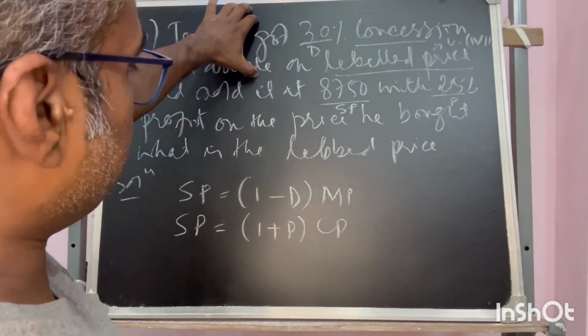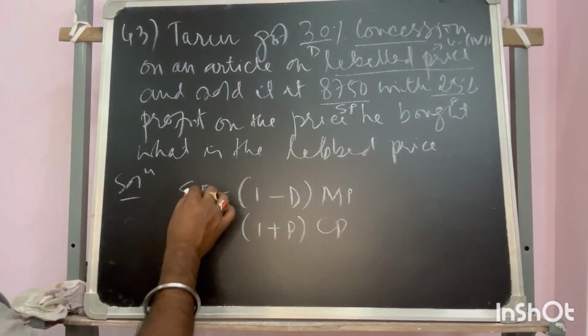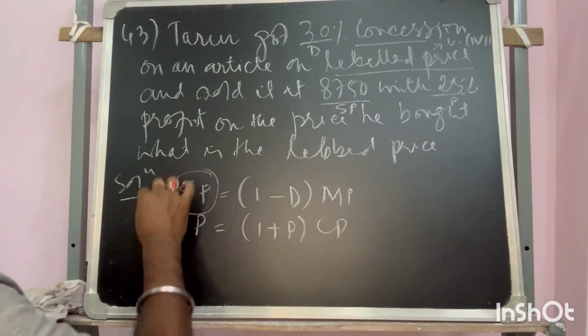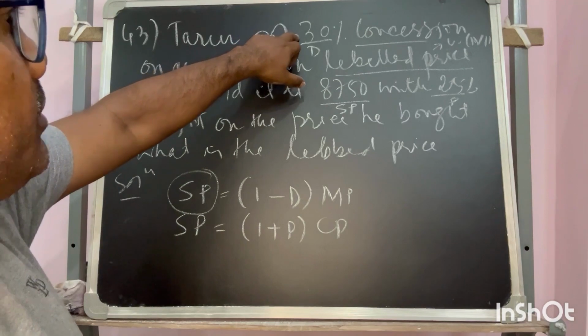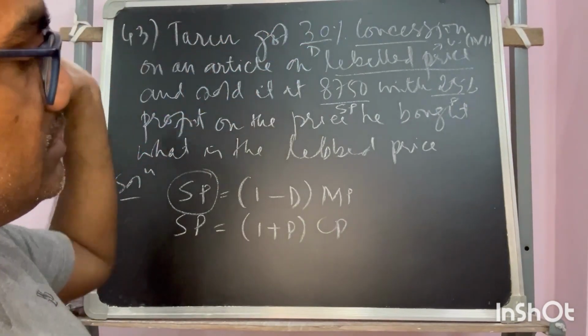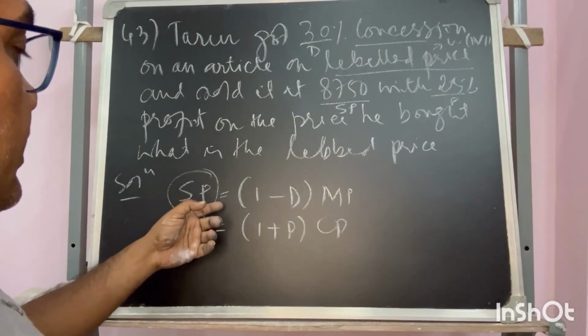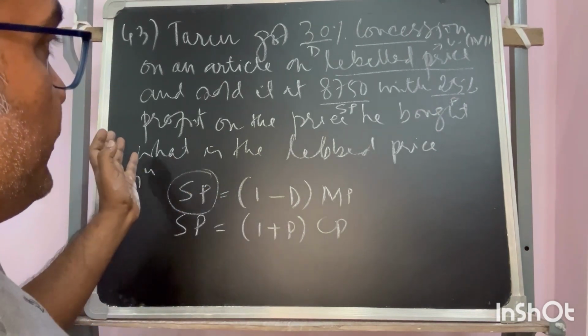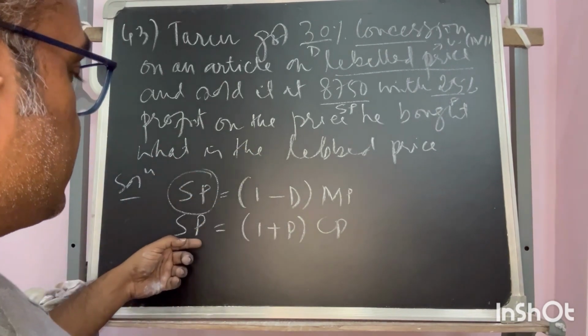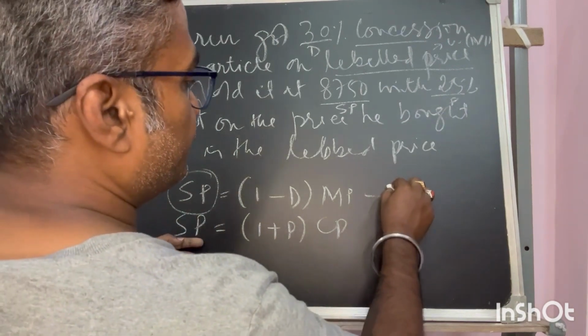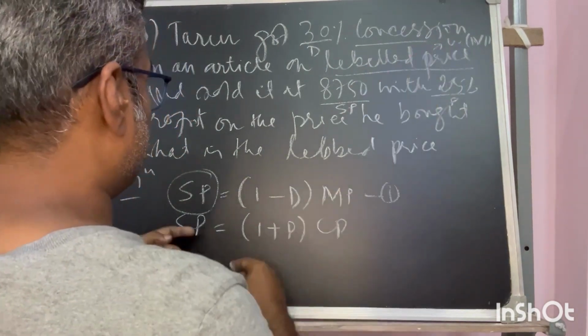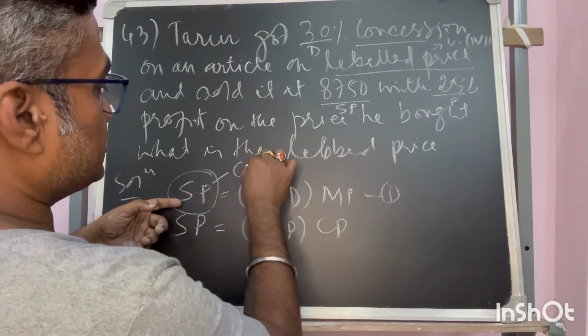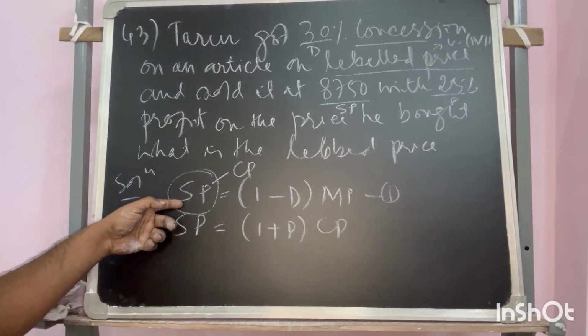I have not read it correctly. Actually, the 30% concession is received while he is purchasing. So while he is getting that article, before it is sold, that is the second transaction. This is the first transaction. So he is getting the label price. So that means this would be his cost price actually, isn't it?